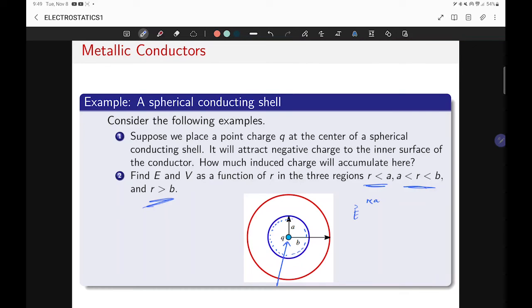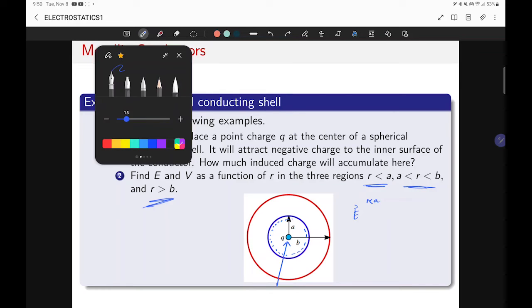We'll draw the Gaussian surface. Let's use a different color so it's not confusing, let's say yellow.